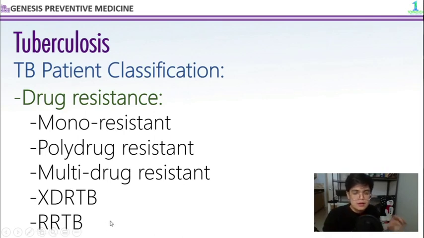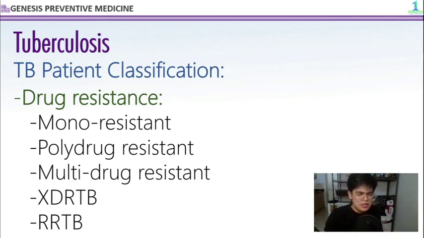Of note, the GeneXpert test inherently will give you the status of rifampicin resistance in cases of positive TB diagnosis, because rifampicin resistance immediately upgrades the patients to the DRTB regimens, the drug-resistant TB regimens. The DRTB regimens are distinct from your normal HRZE 2-month, 4-month distinctions.